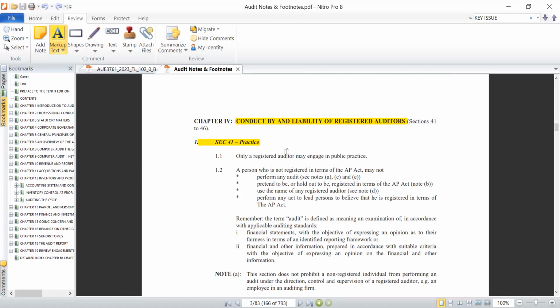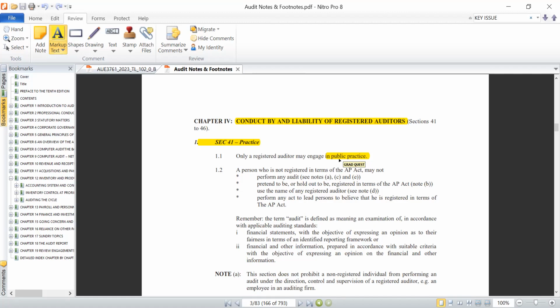So what is the practice approved? Only registered auditors may engage in public practice. What about if you're not a registered auditor? You cannot be engaging in public practice. What is public practice? Public practice means you being hired as an external auditor to come and audit a particular organization.